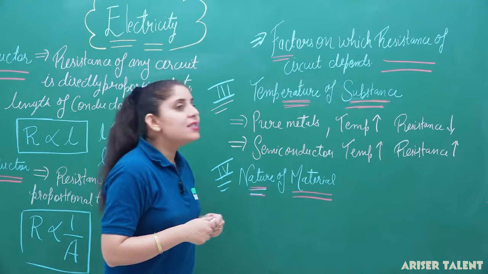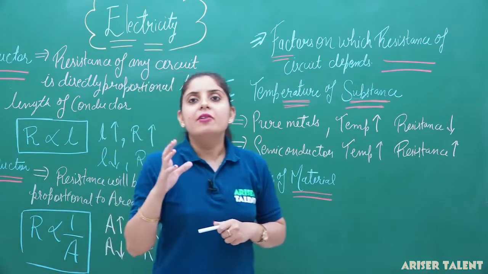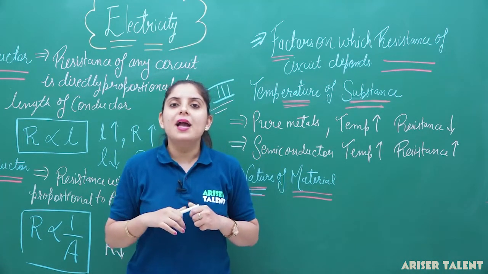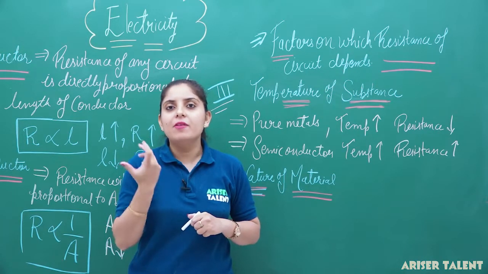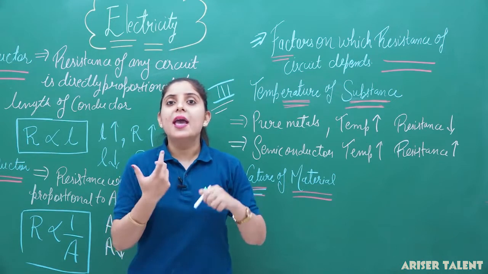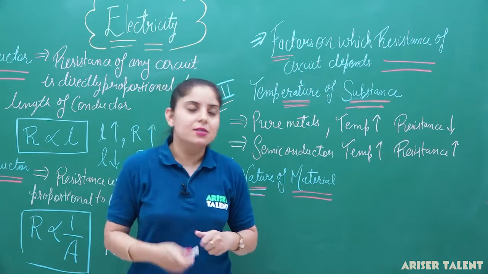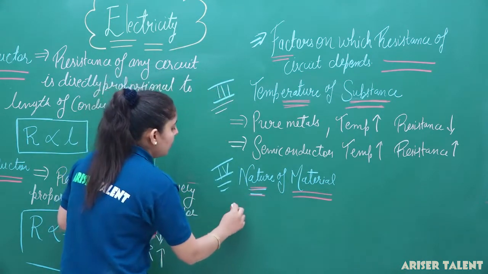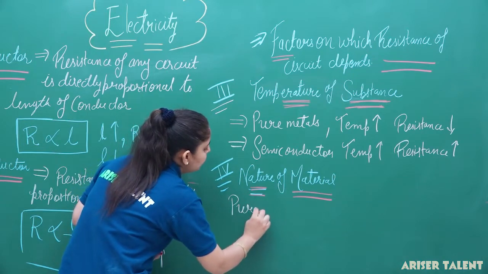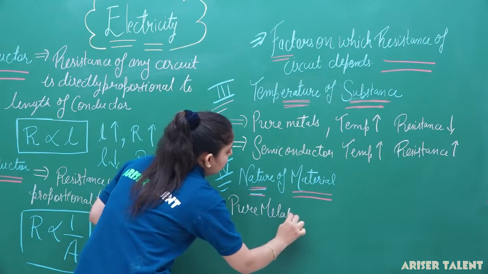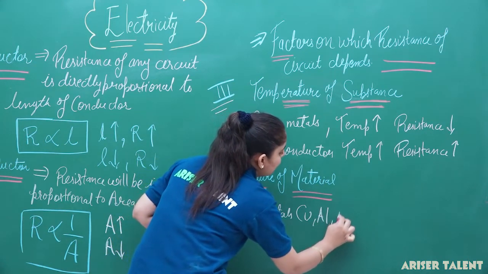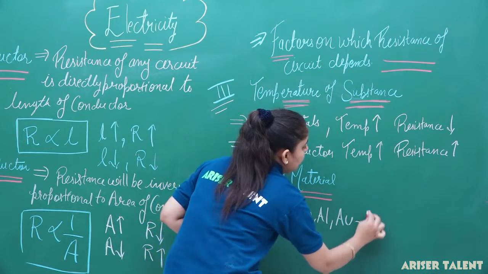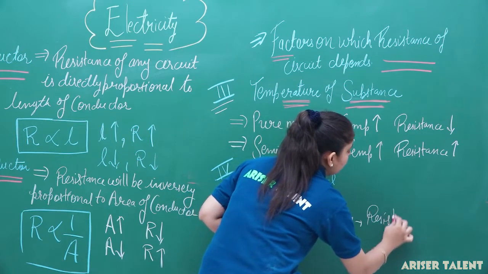That's why you can see that in case of the electrical ovens, electrical toasters and in some of the apparatus in our homes, we are using the nichrome wires. Why we are using the nichrome wires? Because they have the high value of the resistance. So in case of pure metals, whether it may be of the copper, whether it may be of aluminium or gold, the value of resistance is low.